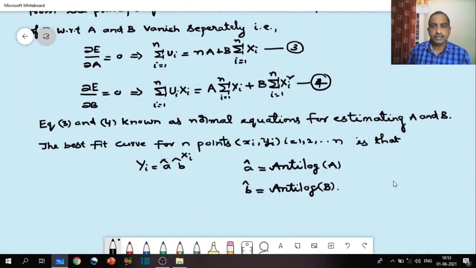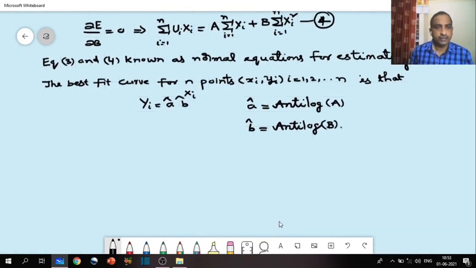So the next one is the next form, y equals a e power b x. You can write yi equals a e power b xi. This is another type of exponential curve, right?